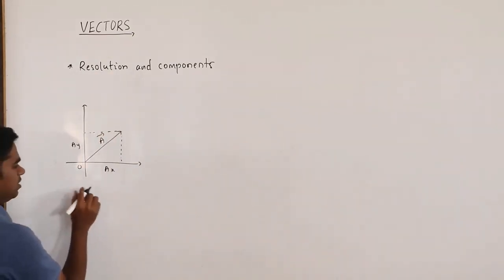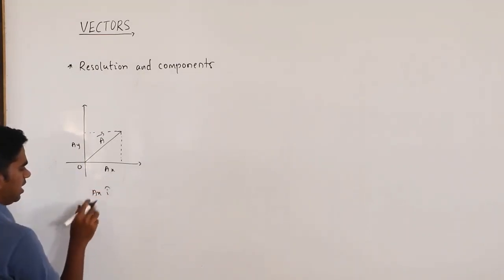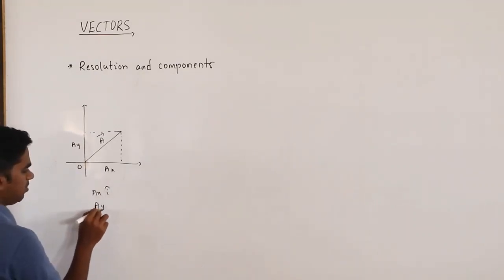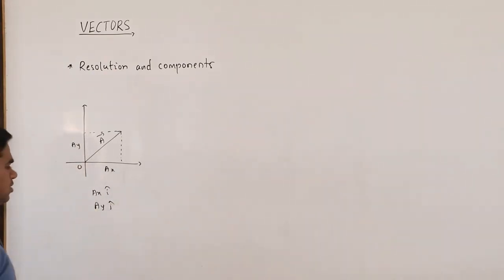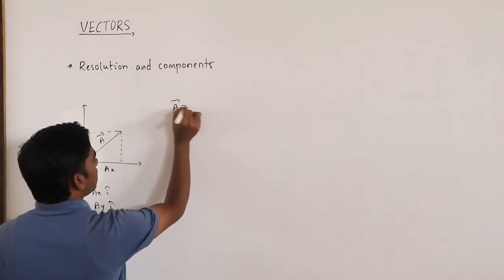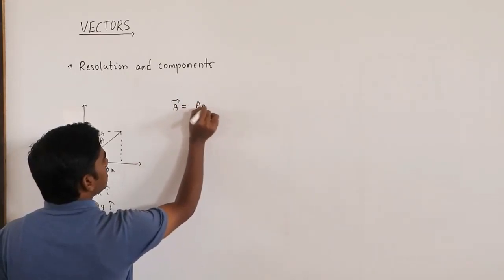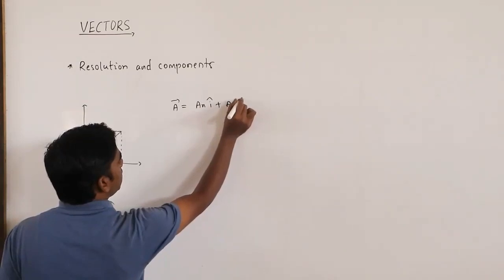If you want to make them vectors, you have to multiply ax by unit vector i cap, and ay by unit vector j cap. So the resultant vector we got is vector A equals ax i cap plus ay j cap.